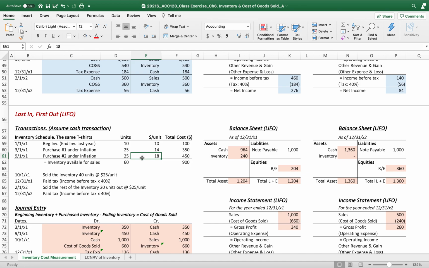The inventory cost per unit was $18. So 25 at $18, then 15 units at $14. That's why this cost of goods sold is expensive.